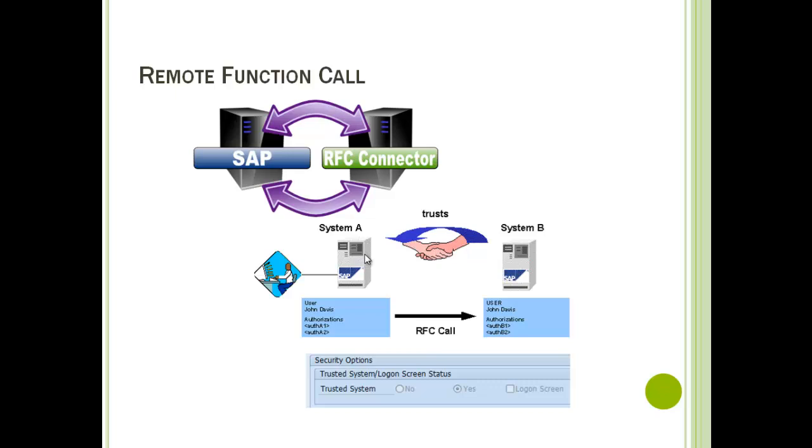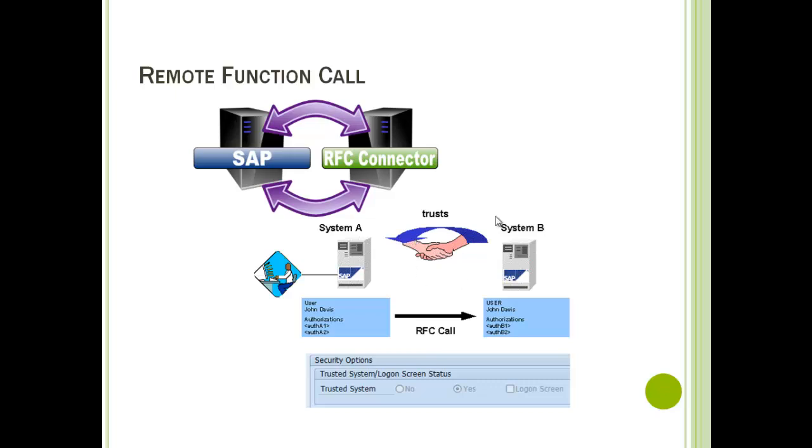Trusted RFC means you already trust the systems to each other. In trusted also you have something called trusting and trusted, but for our understanding we make it very simple: trusted RFC and non-trusted RFC. Trusted RFC means, from one SAP system to another SAP system, you make a handshake already within the system itself.